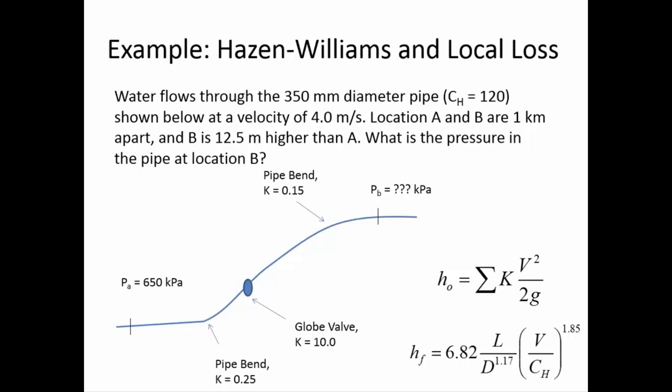The energy equation says that the pressure head at 1 plus the elevation at 1 plus alpha V1 squared divided by 2g, plus HP is equal to P2 divided by gamma plus Z2 plus alpha V2 squared divided by 2g plus HT plus HF plus H naught.